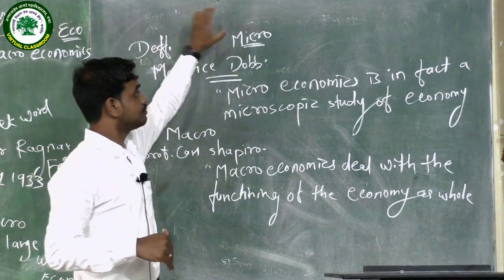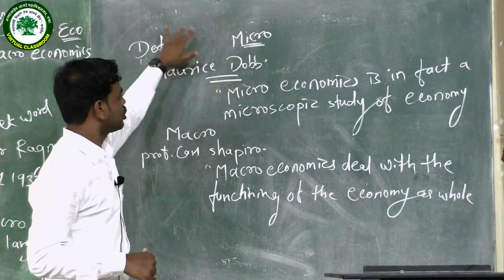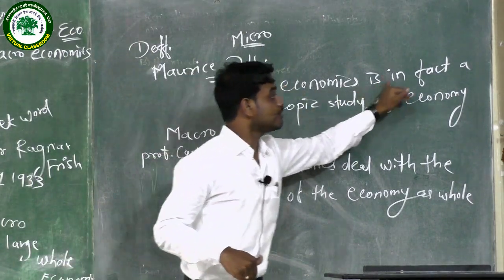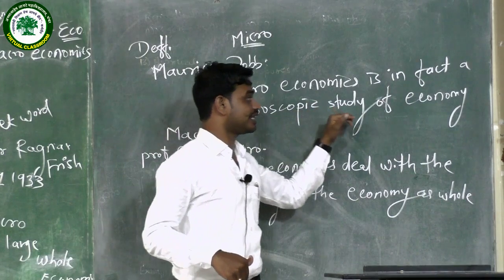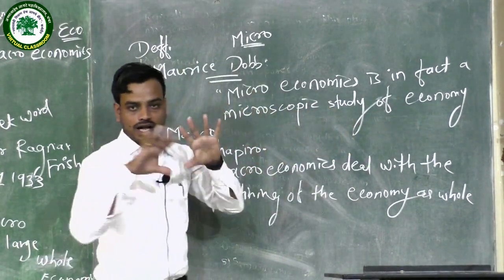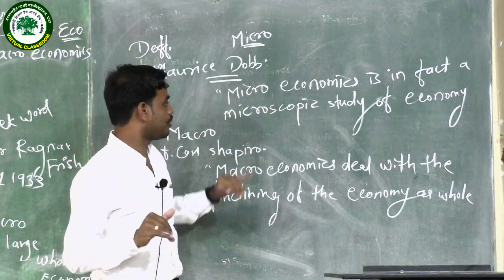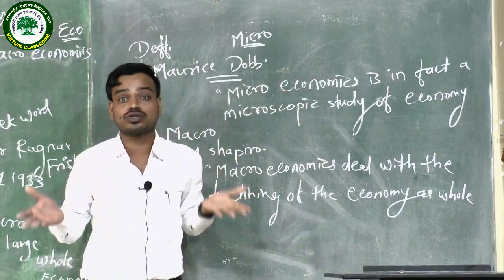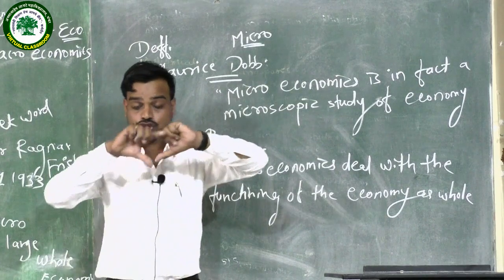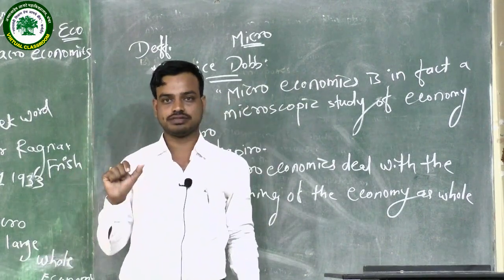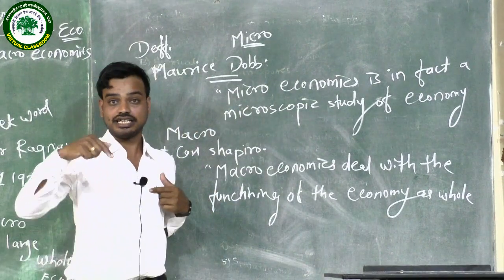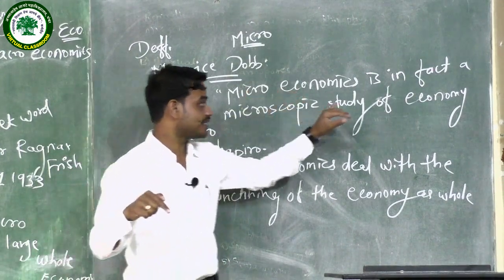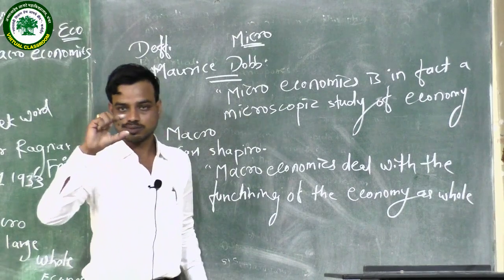First, microeconomics. In microeconomics, Maurice Dobb said that microeconomics is in fact a microscopic study of economics. So all the students know about the microscope. What is meant by microscope? In a microscope we find a small unit. If I want to find something in that content, then I use a microscope. Likewise, we study economics in a small content.